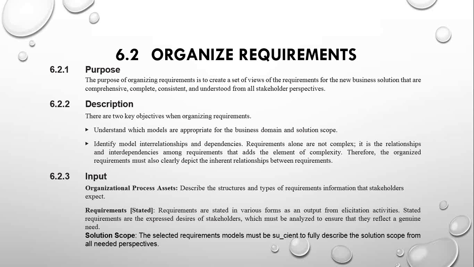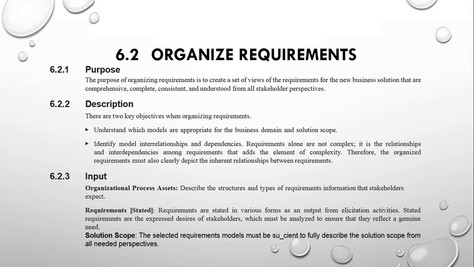Number two, identify model interrelationship and dependencies. So, identify model, interrelationship, and dependency. That means if there is any linkage, identify it. If there is any dependency, identify it. Requirements alone are not complex.